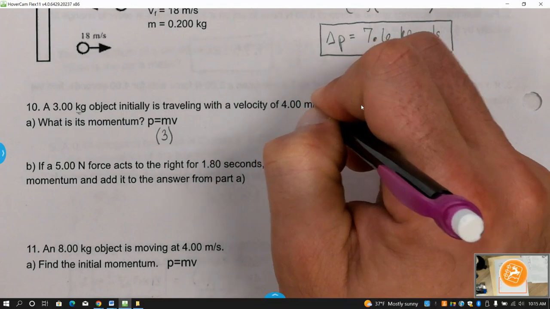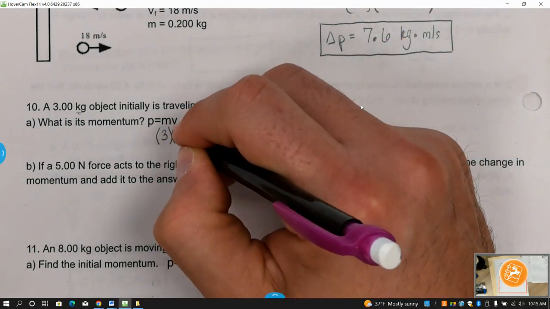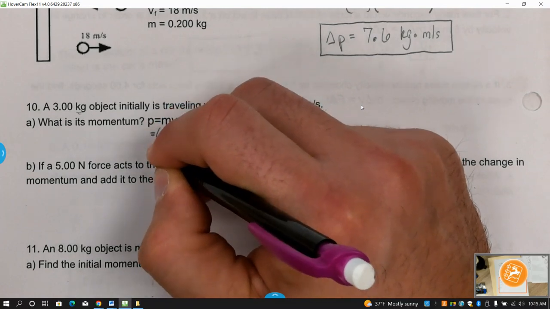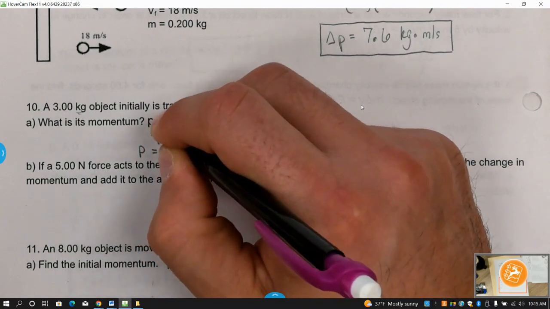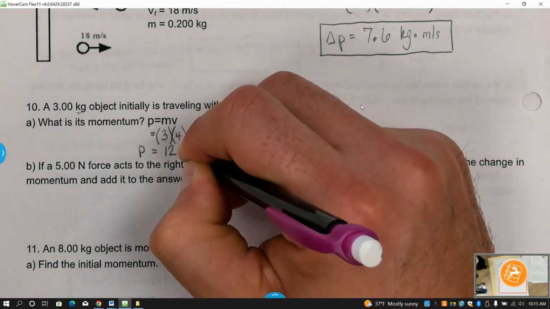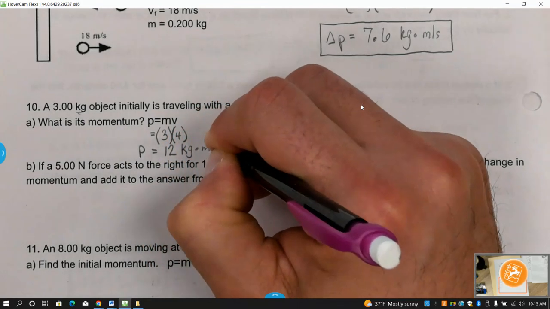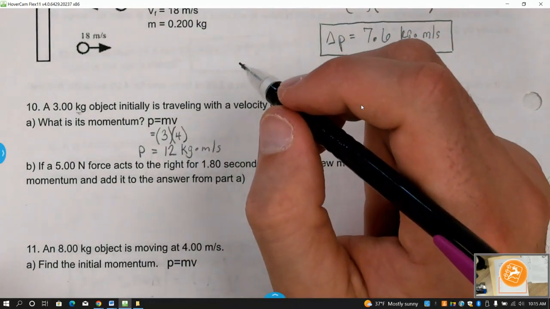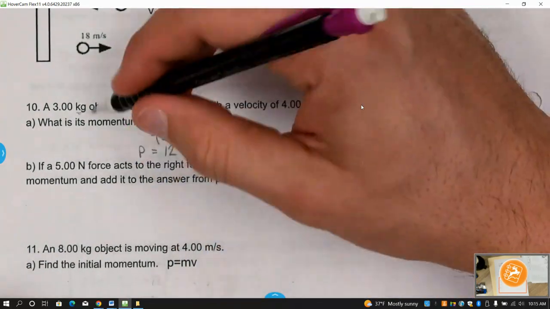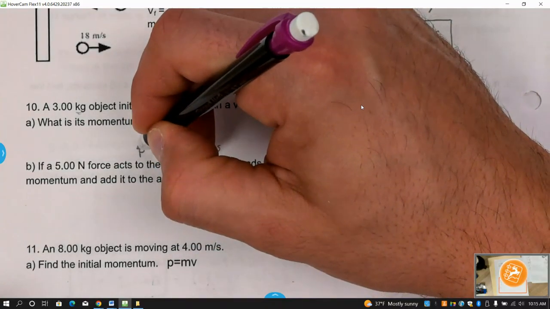V has units of meters per second, so I'm putting the 4 under v. And so momentum is equal to, what's 3 times 4? Yep, 12, and the unit is kilogram meters per second. So this is the initial momentum of the object.